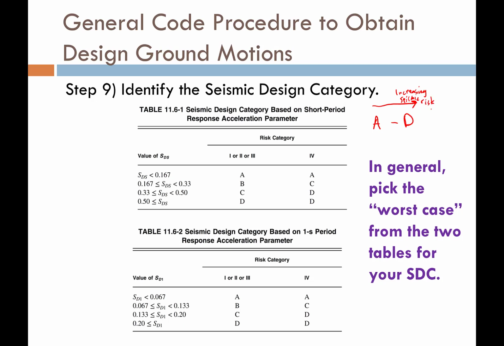So a seismic design category D is a structure that has considerable seismic risk and will therefore have considerable design requirements that it needs to meet. A seismic design category A has very little seismic risk and therefore will have almost no structural detailing related to seismic resistant design.